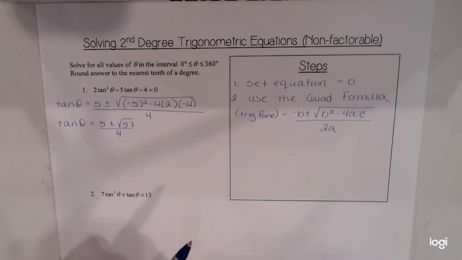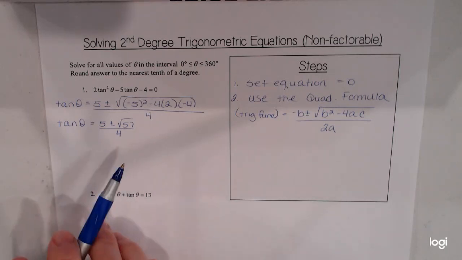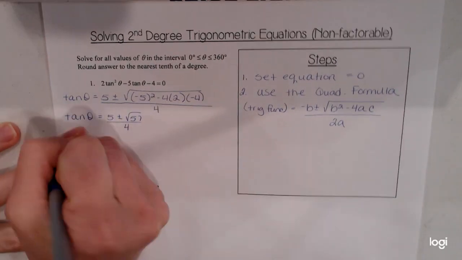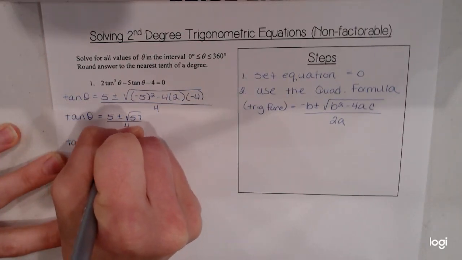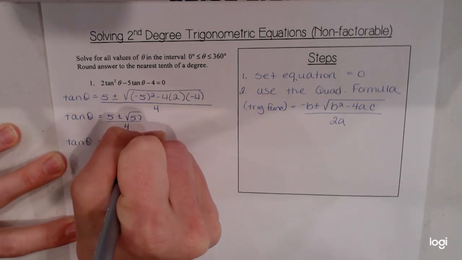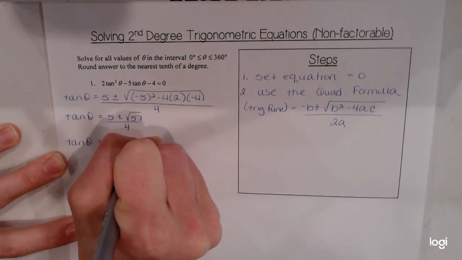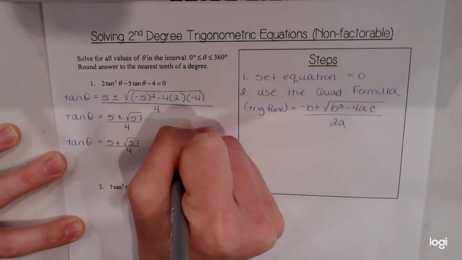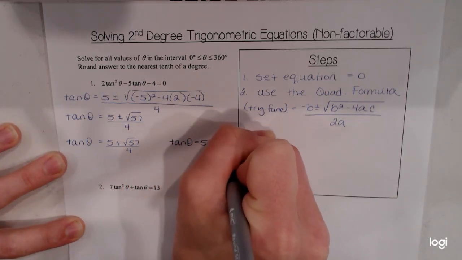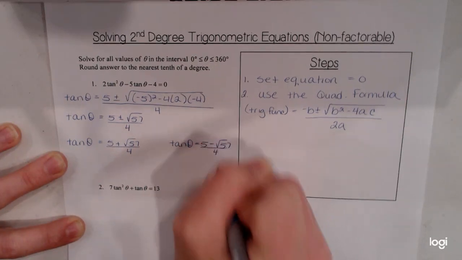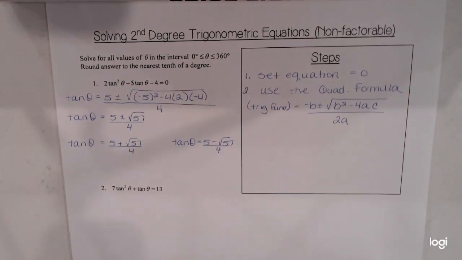Now the plus or the minus here gives us two different answers. So we want to figure out tangent theta equals 5 plus the square root of 57 over 4, and tangent theta equals 5 minus the square root of 57 over 4. Okay?